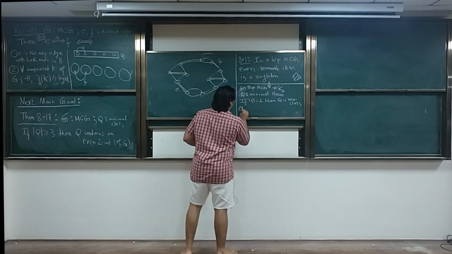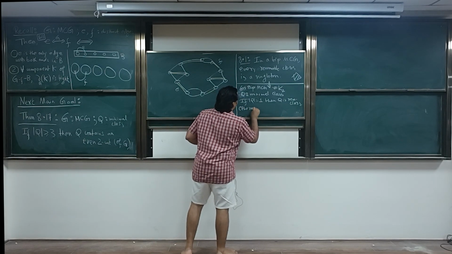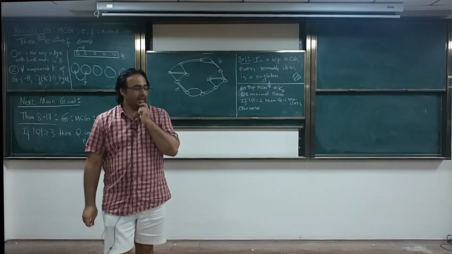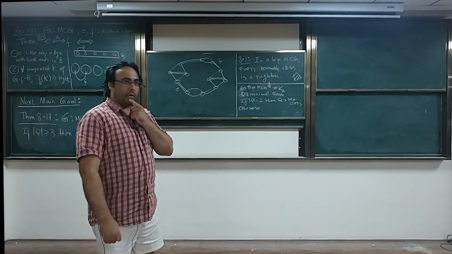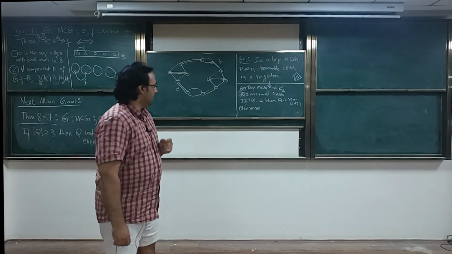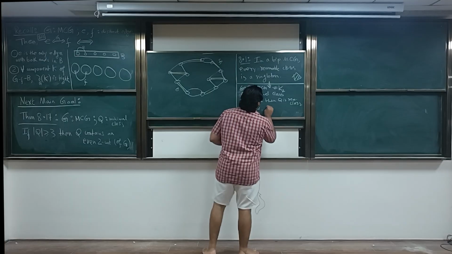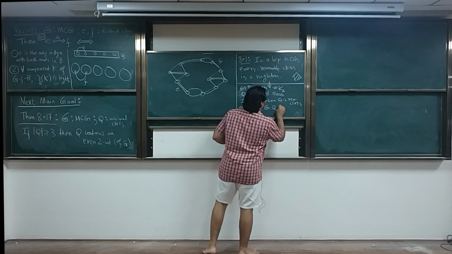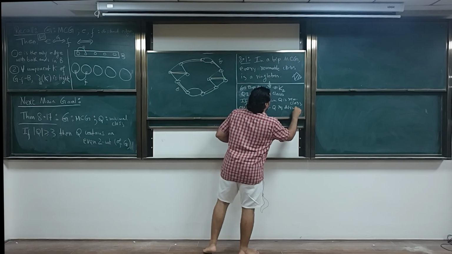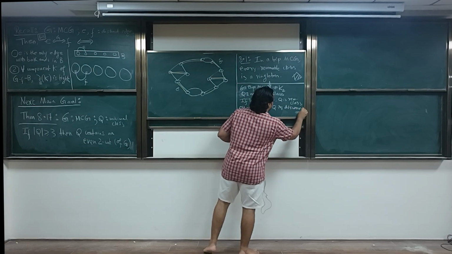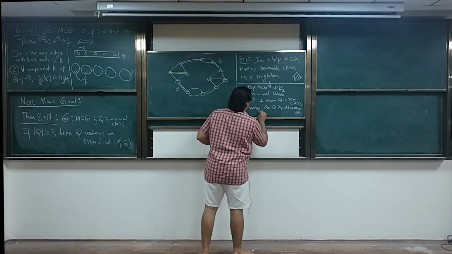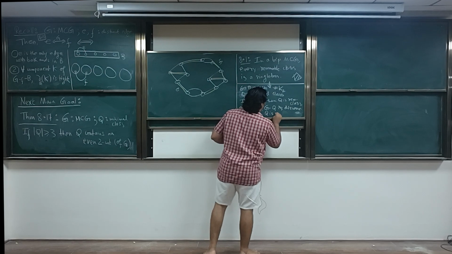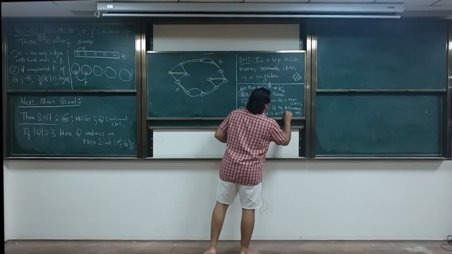Otherwise, you delete the edges of Q and now your graph must disconnect. Right? Otherwise, G minus Q is disconnected and Q is therefore not a removable class.